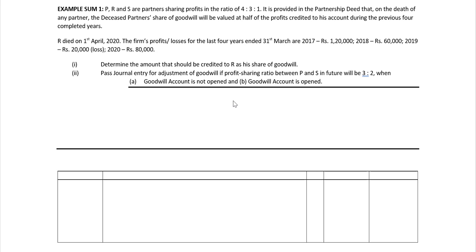So let's go ahead with the solution. We'll solve the first subdivision, the amount that should be credited to R as a share of goodwill. Working notes.